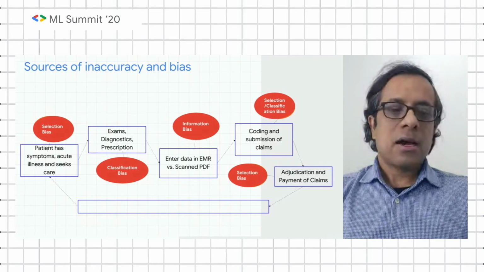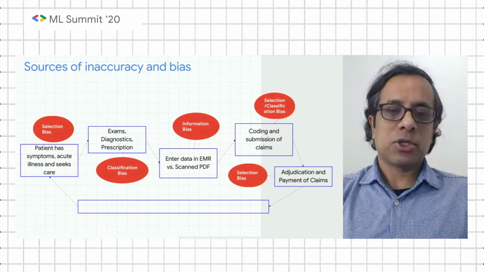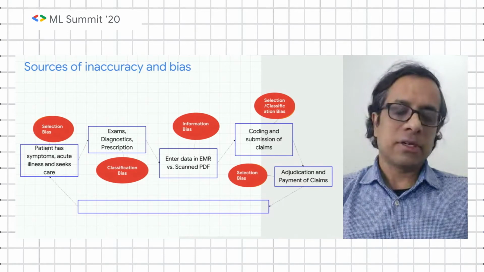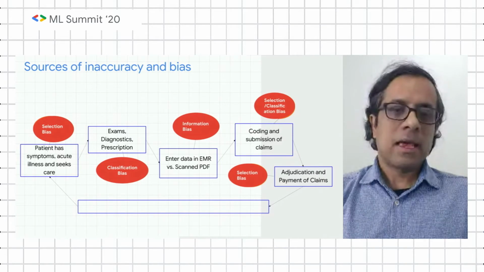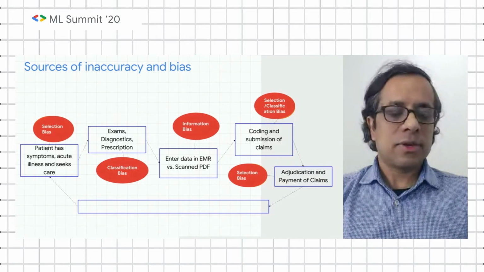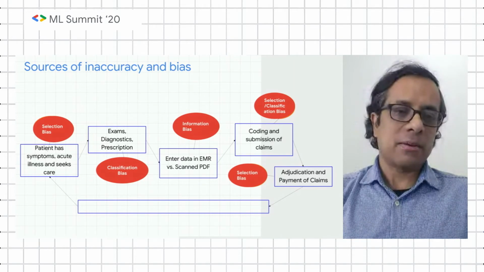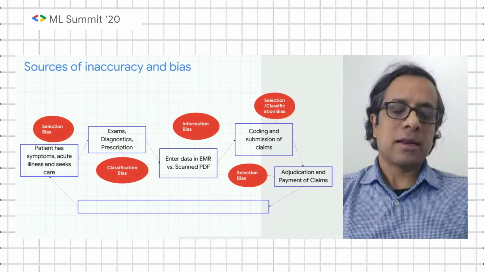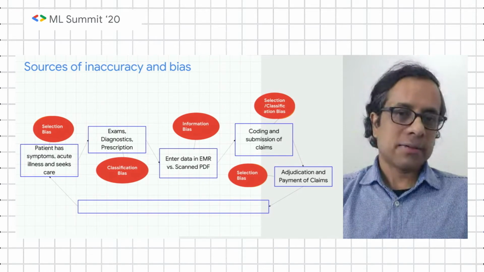And then oftentimes a physician will enter a lot of information, other times may not enter a lot of information, and also some information is in the EMR and others are in medical images and scanned images. But if you are not looking at the other data sources, you may be introducing information bias.